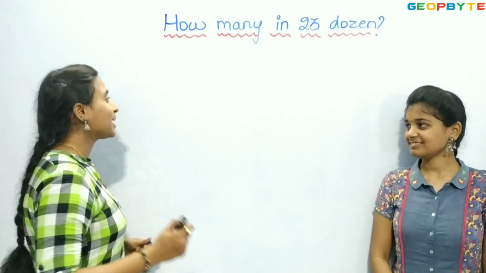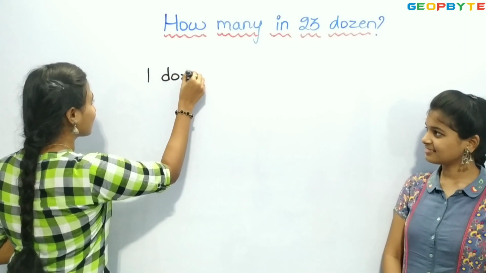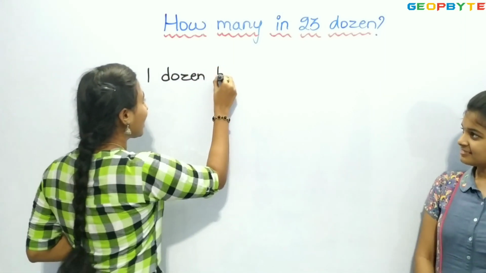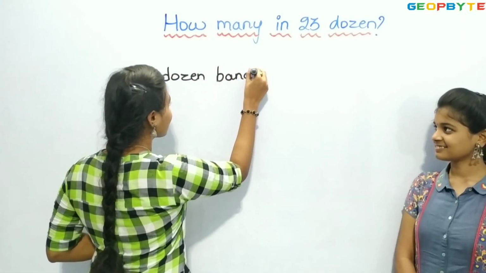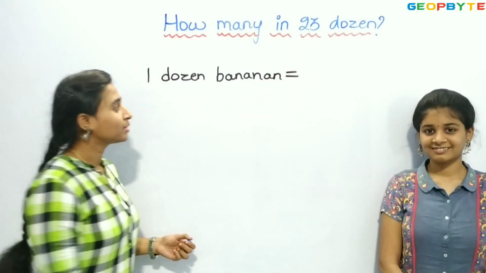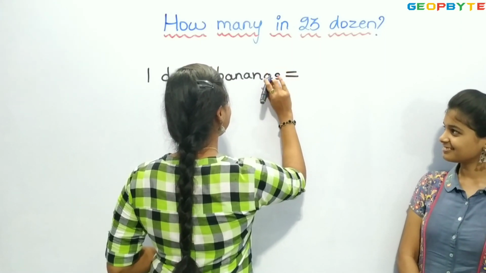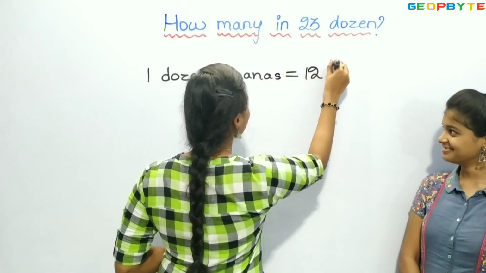Children, see, 1 dozen bananas are equal to 12 bananas.